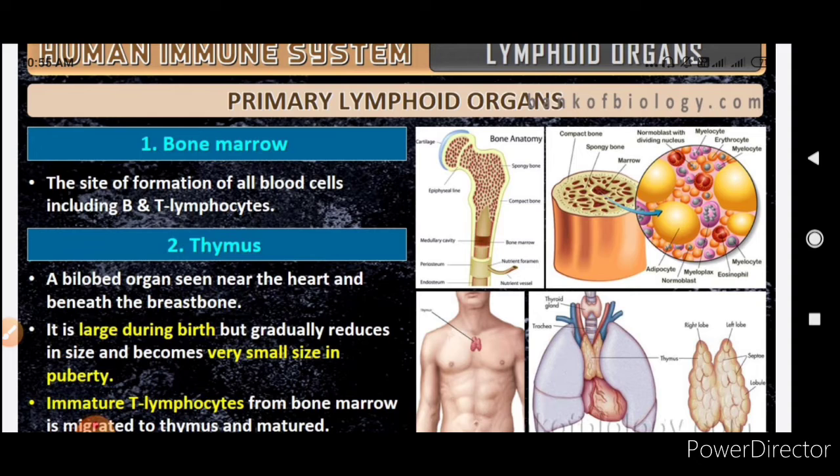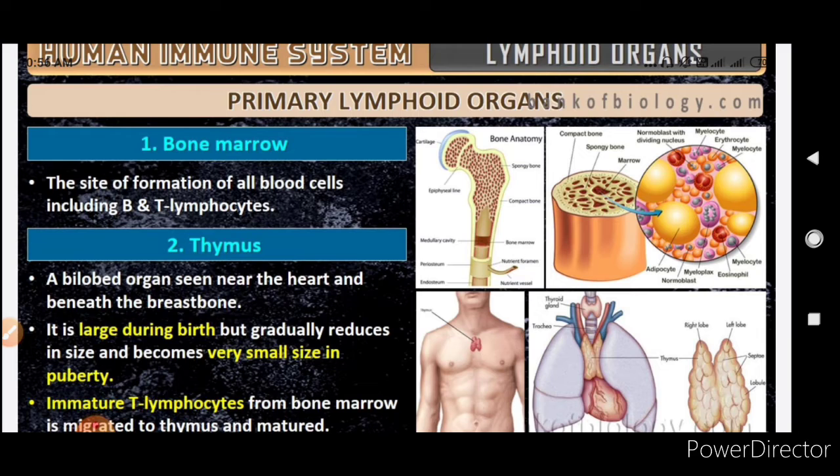Now bone marrow is a site of formation of all blood cells, including the B and T lymphocytes. The thymus is a bilobed organ seen near the heart and beneath the breastbone. It is large during birth but gradually reduces in size and becomes very small in puberty.